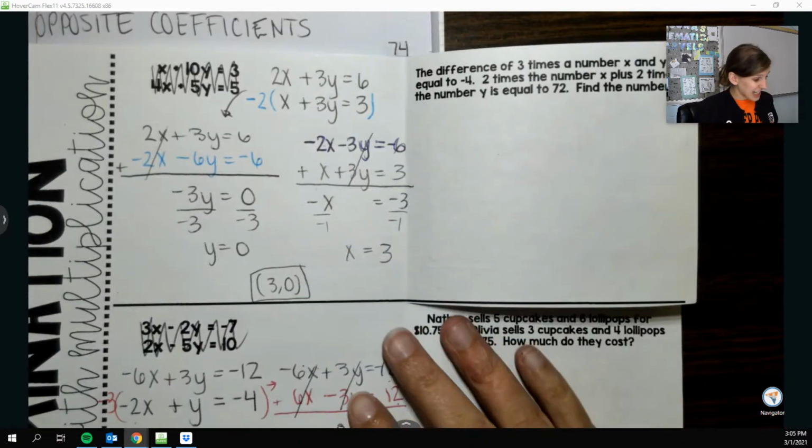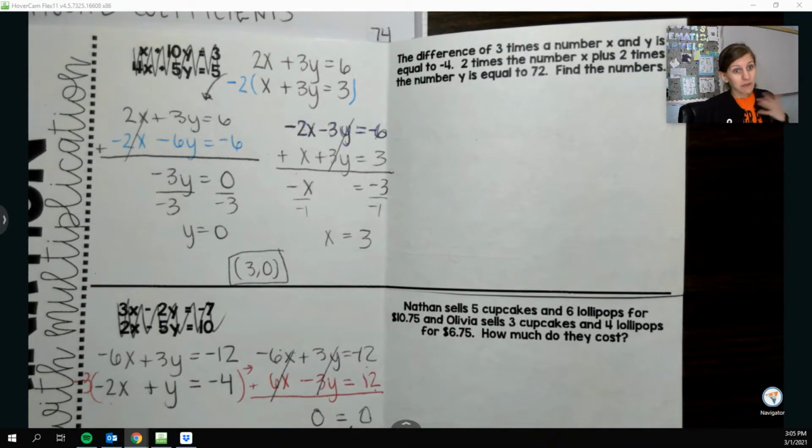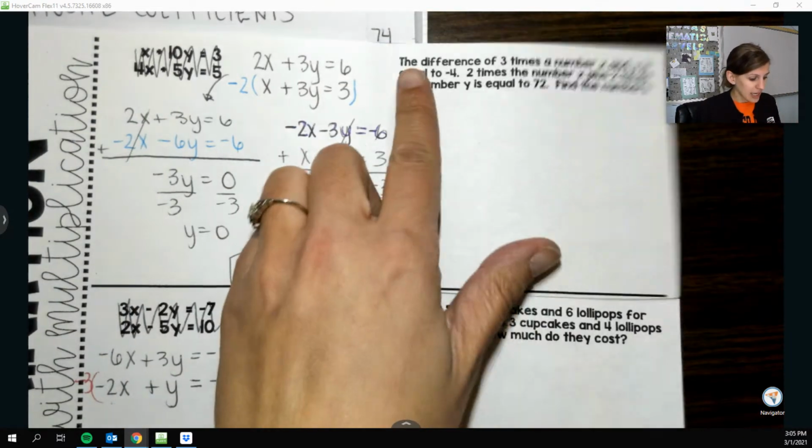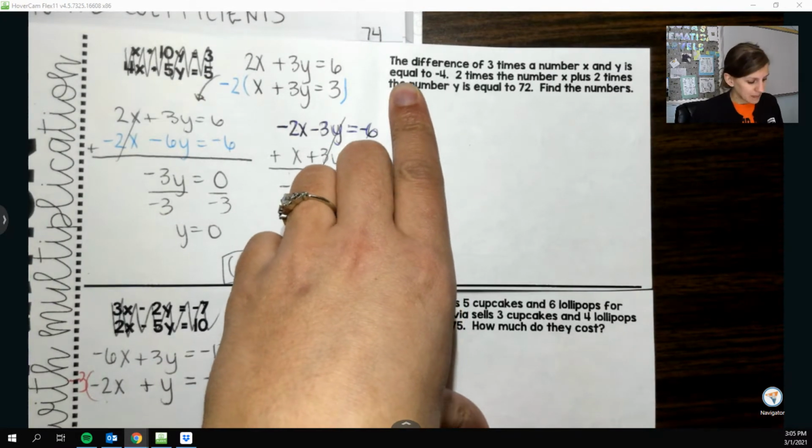Now, again, these are kind of sneaky and tricky type problems because they don't already give me my equation. I have to write my equation, then I have to solve my equation. So we want to very carefully read these and then probably read them again.